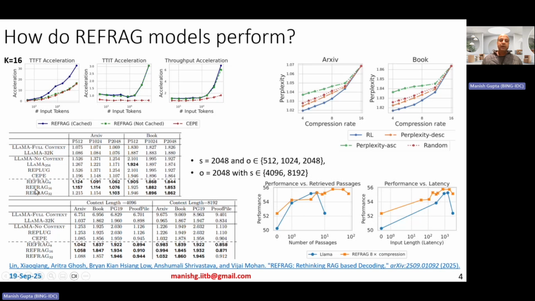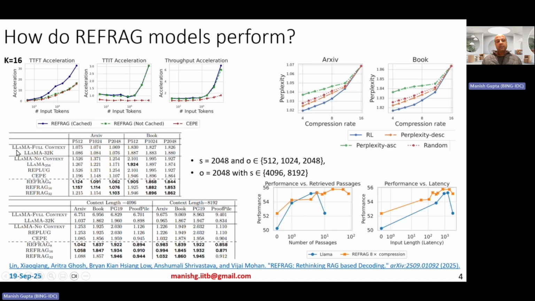What you see are perplexity numbers for various models. So LLaMA full context basically means you passed the entire context, so 2048 sized context, and asked it to generate 512 tokens, 1024 tokens, 2048 tokens, and so on. LLaMA 32K basically means you use the LLaMA which was trained on a 32K window.